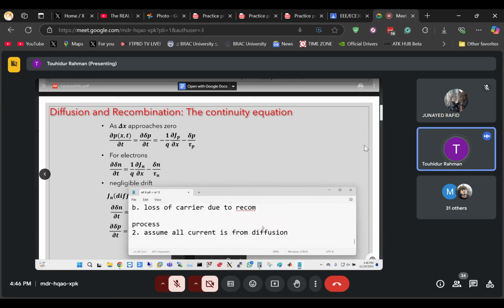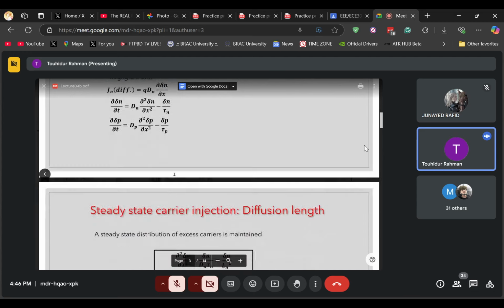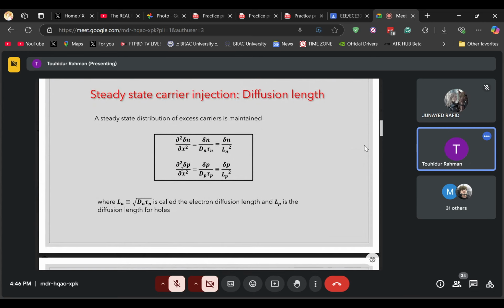Now the second process would be steady state. And what we will get with the steady state, it will give us time derivative equal to 0, and that will help us to simplify the equation just like this.